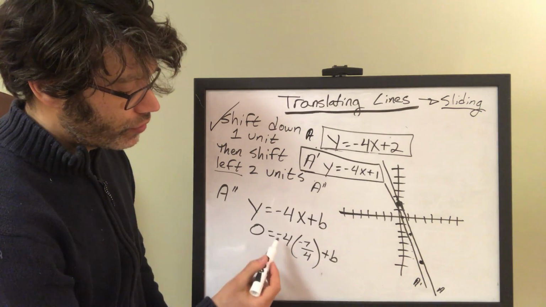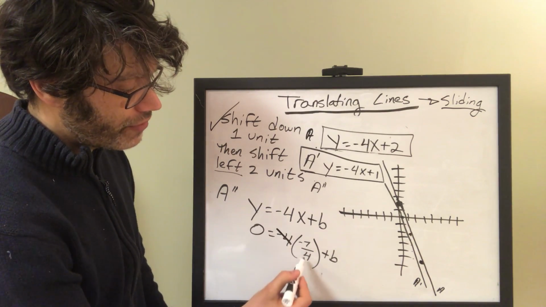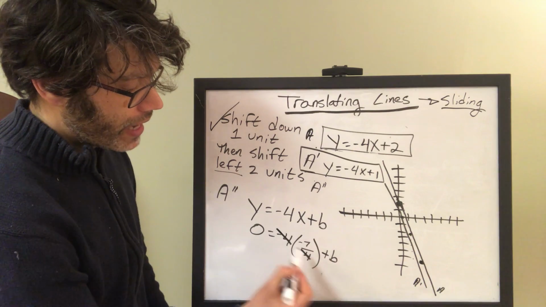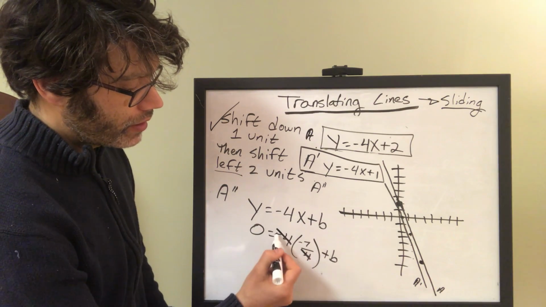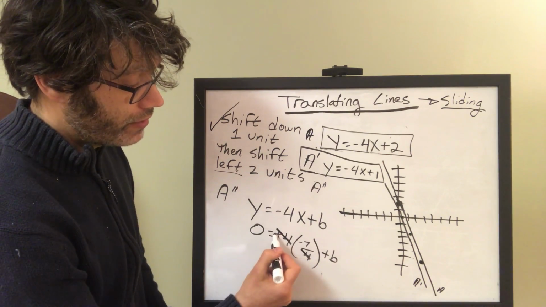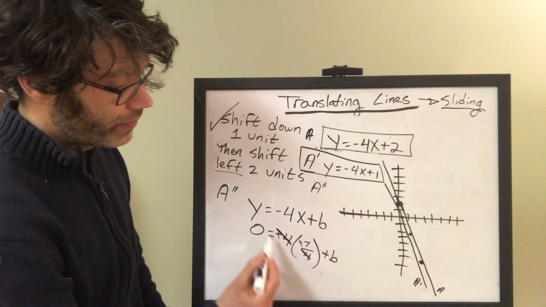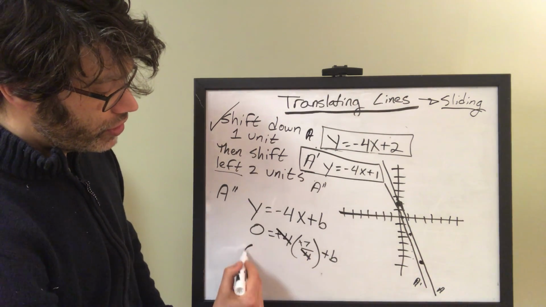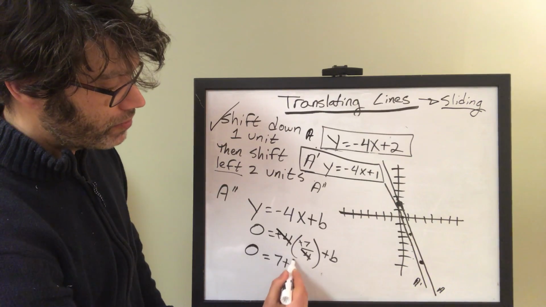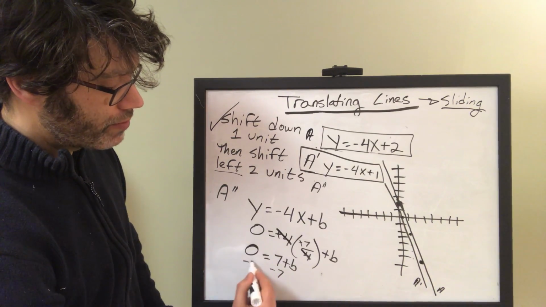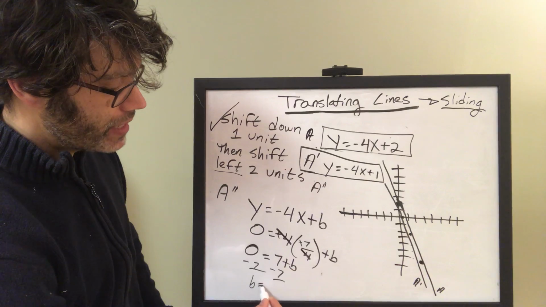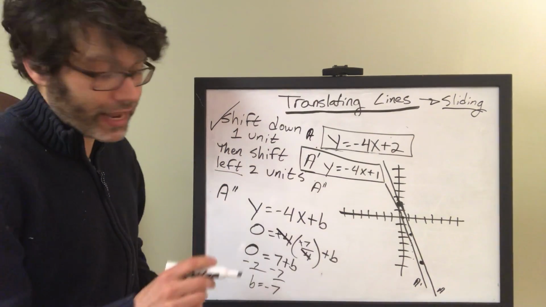Negative 4 times negative 7/4, you cross out the 4's, and the negative signs will also cancel out. So we're left with 7. So 0 equals 7 plus b. Now I subtract 7 from both sides, and I find that b is going to be negative 7. That's our b for A double prime.